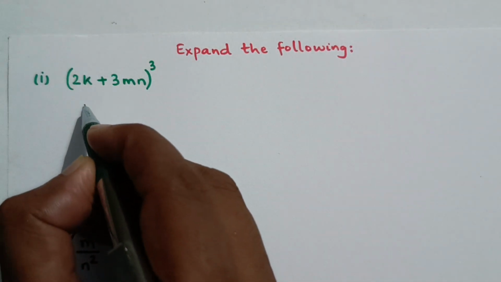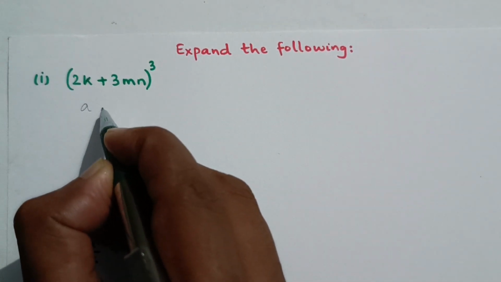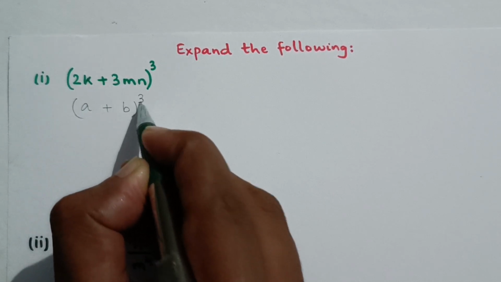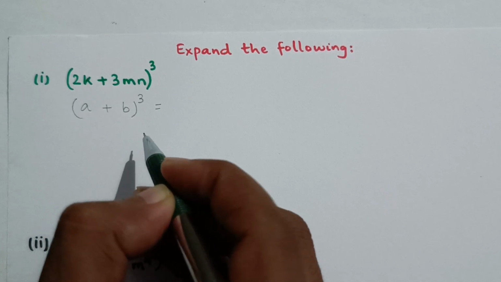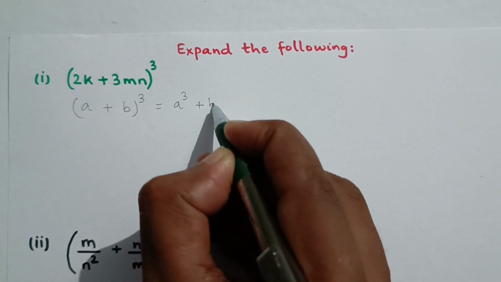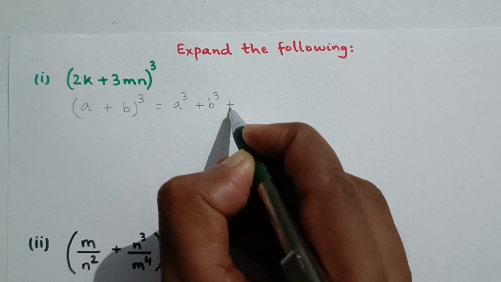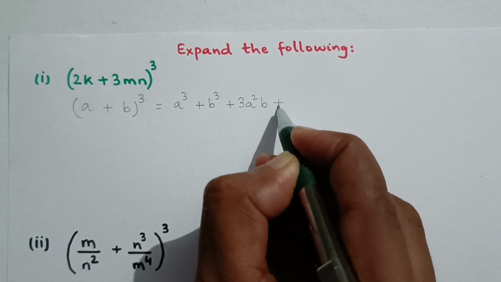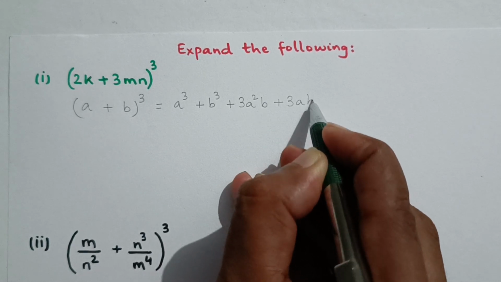So I know the identity a plus b whole cube is equal to a cube plus b cube plus 3a square b plus 3ab square.